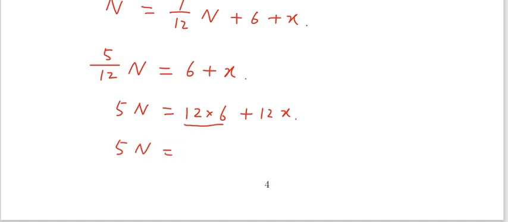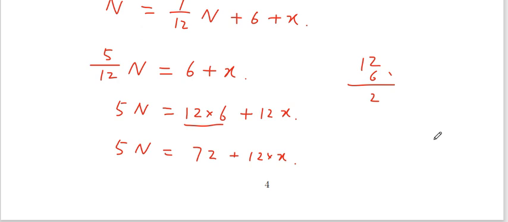So 12 times 6 is 72, plus 12 times x. So this number should be a multiple of 5.